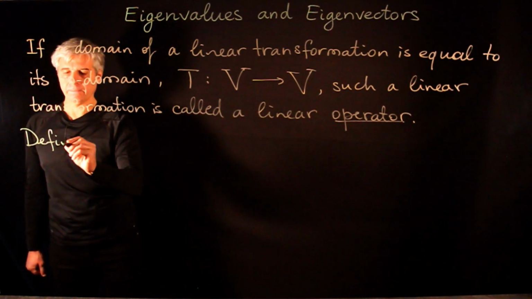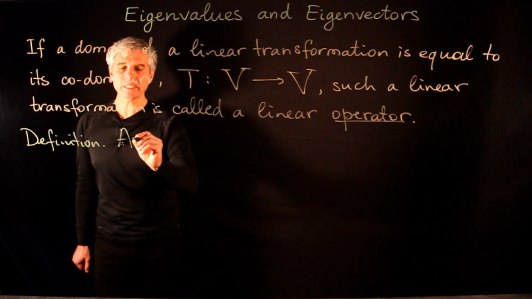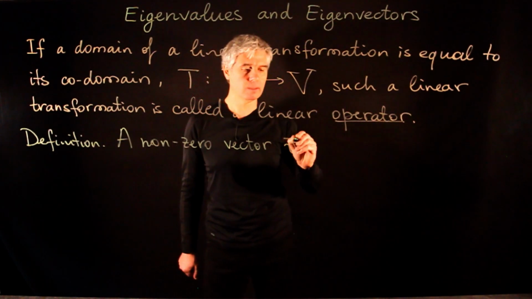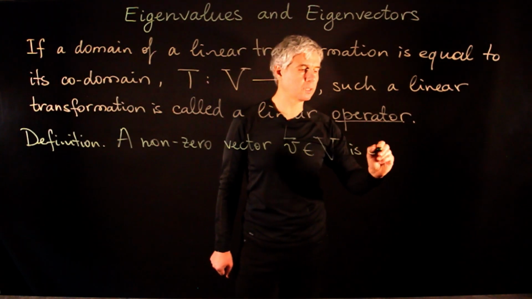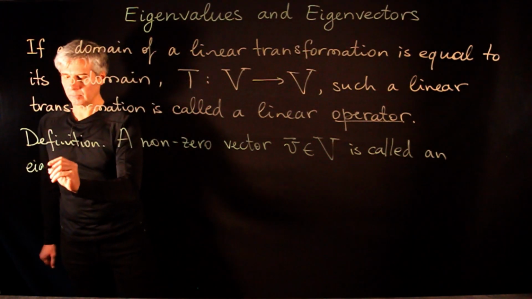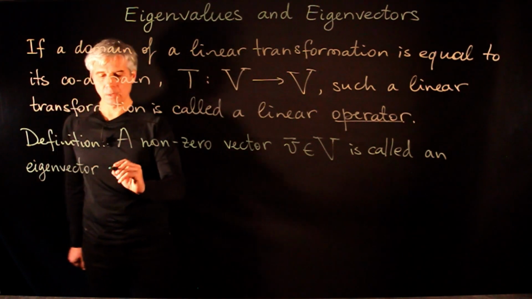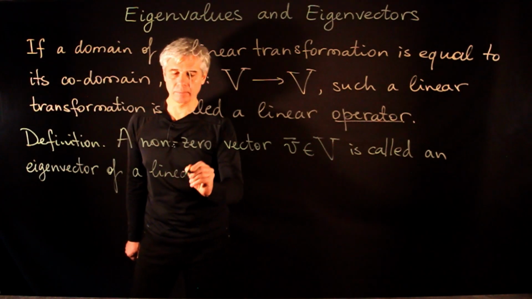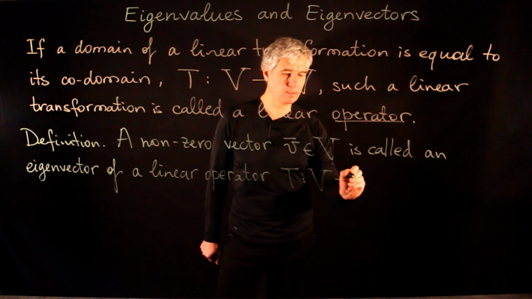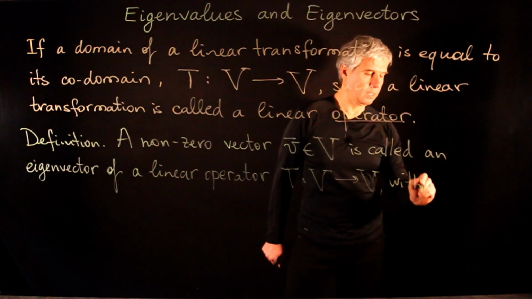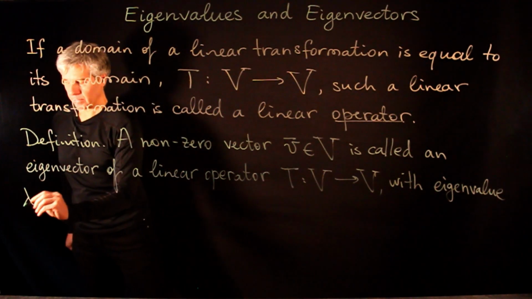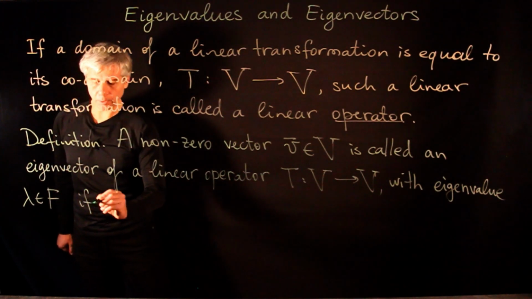Definition. A non-zero vector v in vector space V is called an eigenvector of a linear operator T from V to V with eigenvalue lambda in F if the following relation holds.